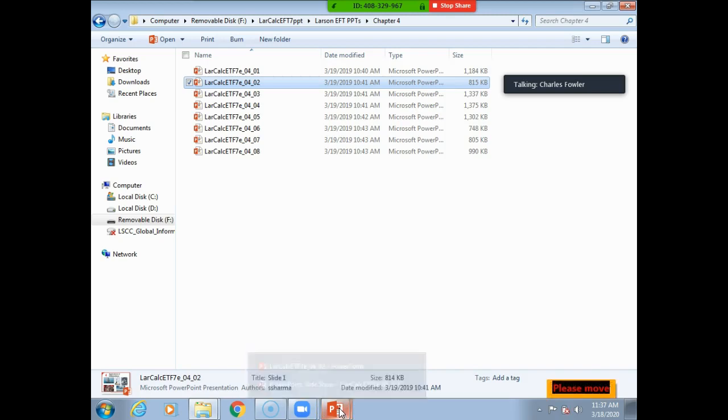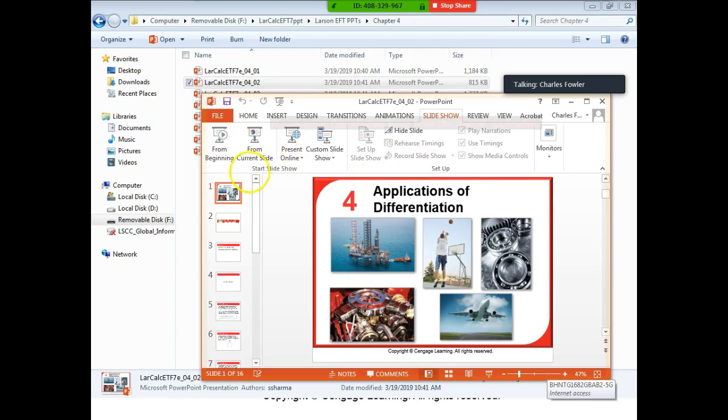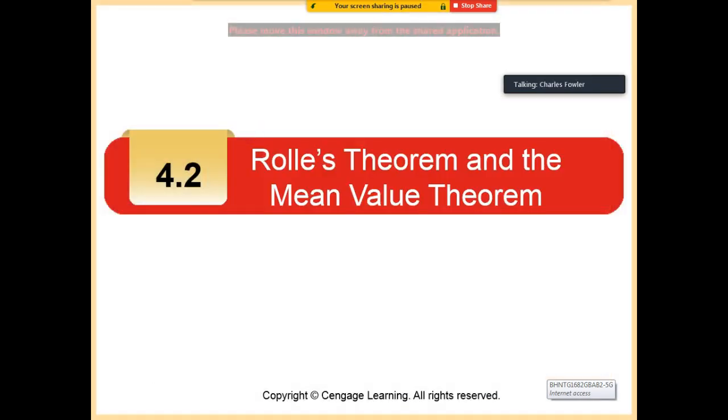So I can't go to it directly here, so I go to it up here. As soon as I do that, it pauses the sharing. Watch me do it. Okay, I get to that, and then I go from current slide right there, and then screen sharing is paused, and I don't know why that happens.